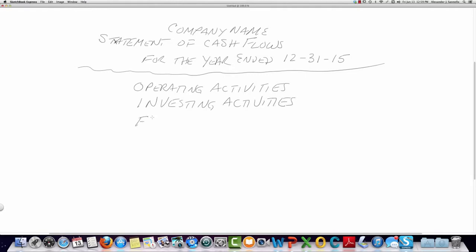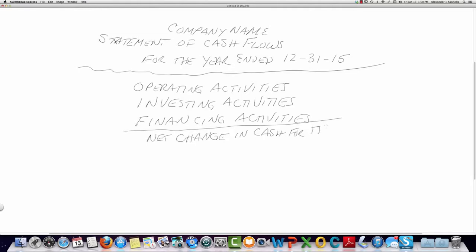And financing activities. And that is going to be in that order. The sum of financing cash flows, investing cash flows, and operating cash flows, some could be positive, some could be negative, would be the net change in cash for the period.